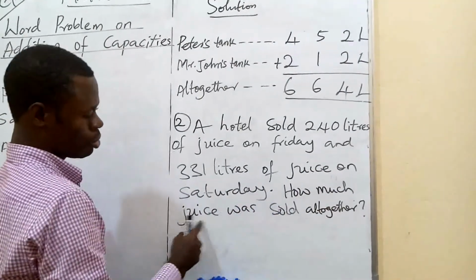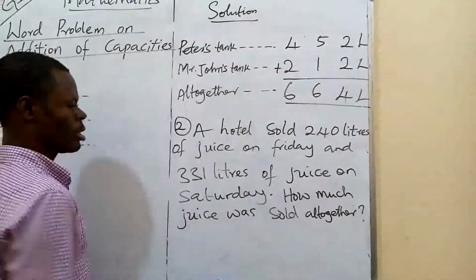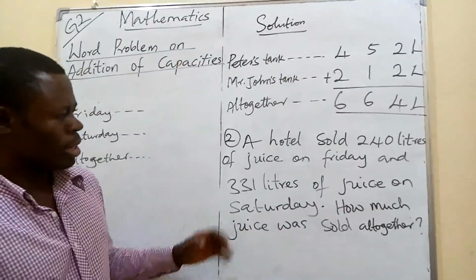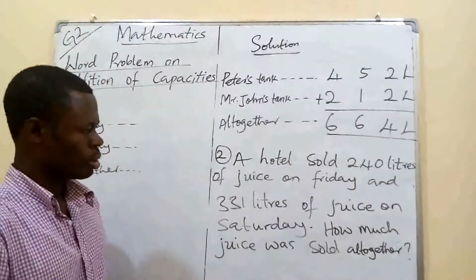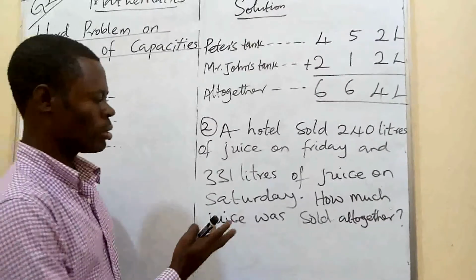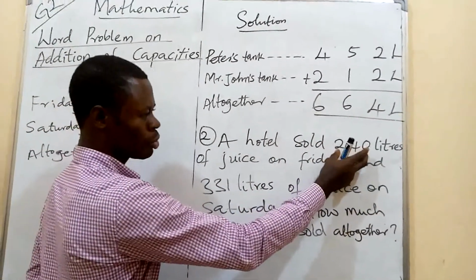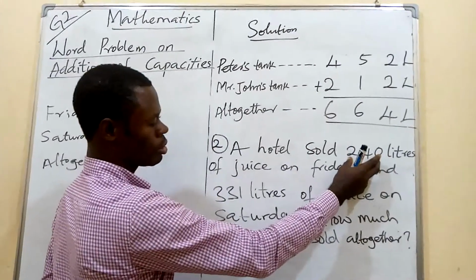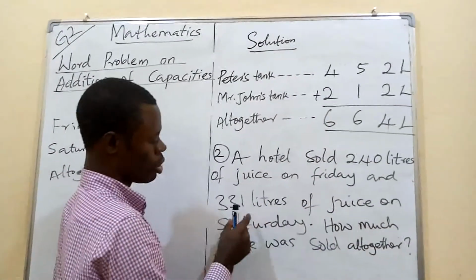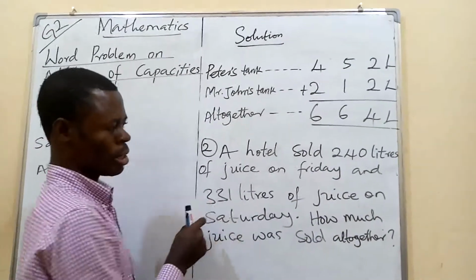How much juice was sold altogether? Looking at the question, you agree with me that the question demands that we add the quantity of juice sold on Friday and that sold on Saturday together.